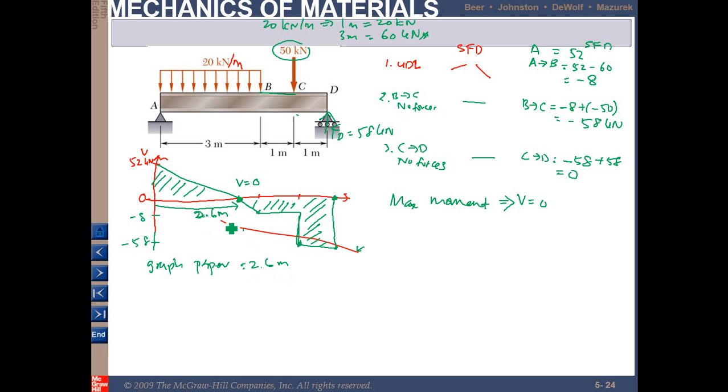So if you get this 2.6 meter, you can determine this value. So the value of this moment is 1 over 2 times base, which is 2.6, and then times height. Height is 52. So you get 67.6. So this value is 67.6. So that is the maximum bending moment.